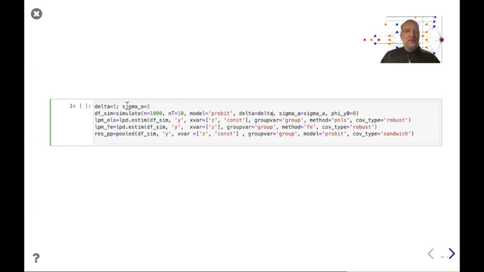Then you have delta equal to 1 and sigma equal to 0. The rest is essentially just 0. Then we estimate the model with OLS. This is our linear panel data model, where we use pooled OLS. We do a linear panel data model with fixed effects. And then we are doing a pooled probit. Let's see how that goes.